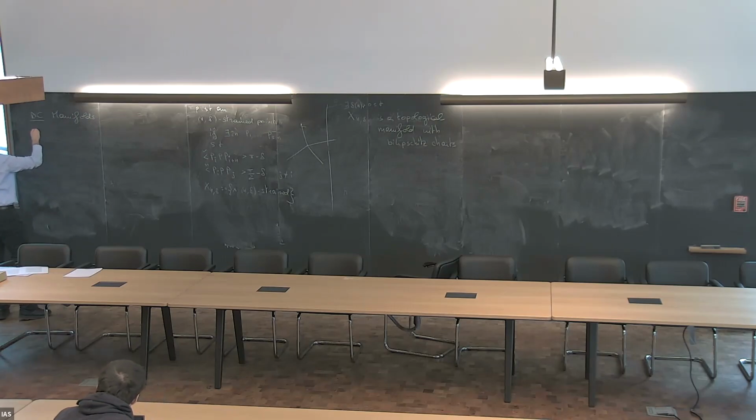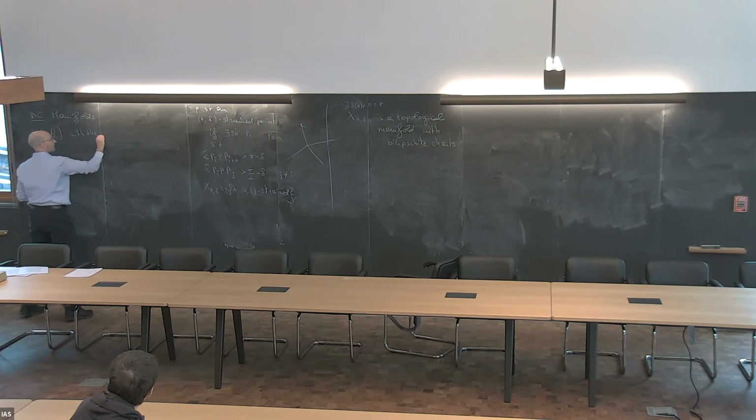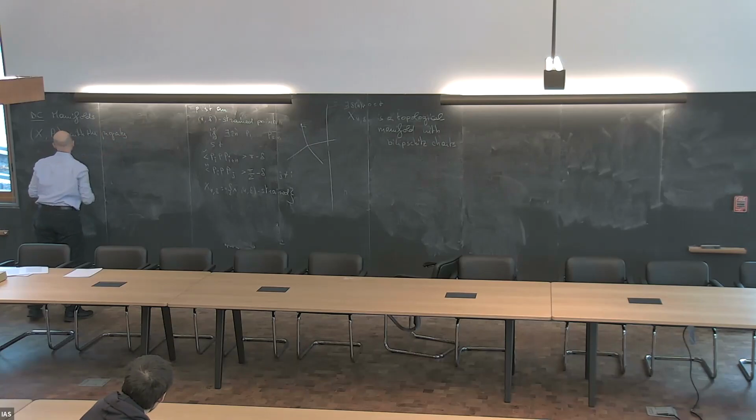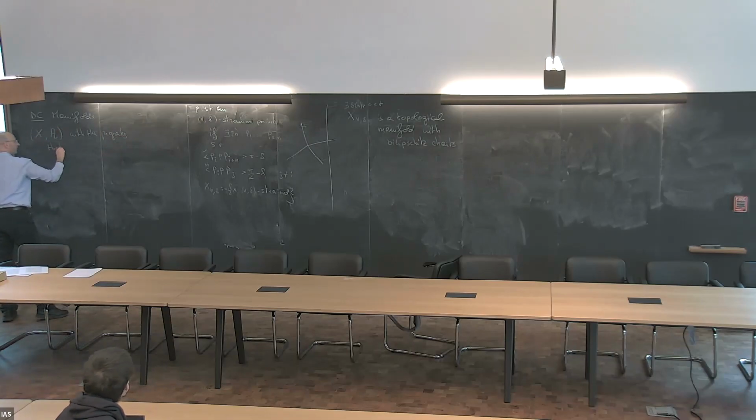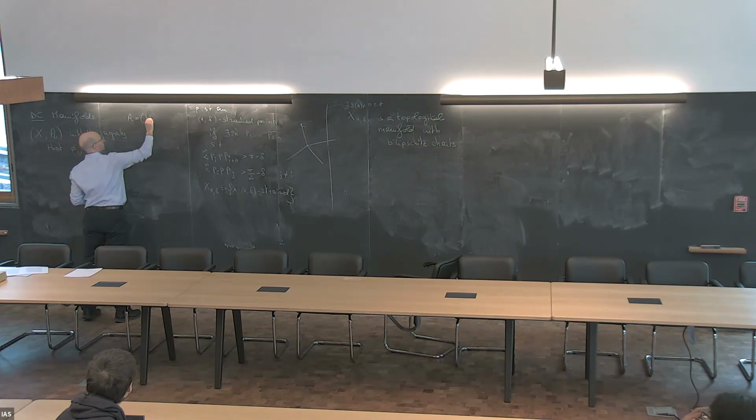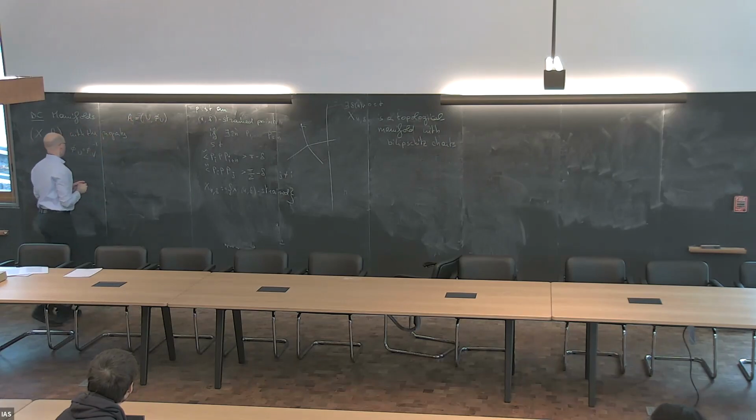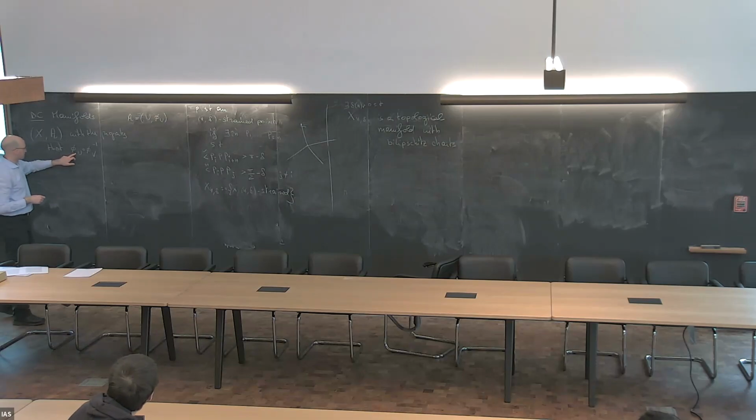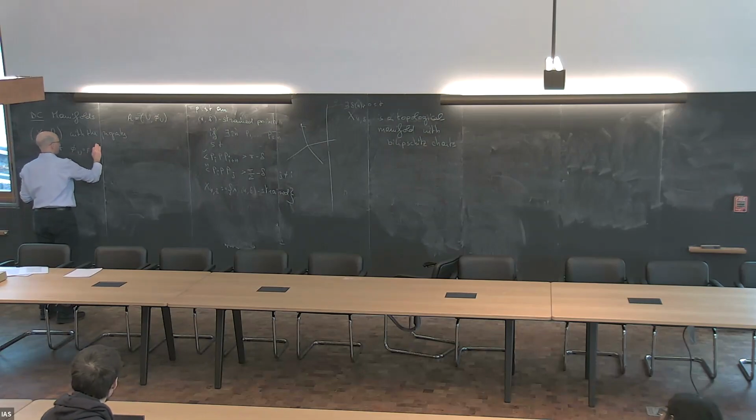This is formally defined as a topological manifold X with an atlas A with the property that the coordinate changes are... So A is the atlas, of charts U with maps phi.